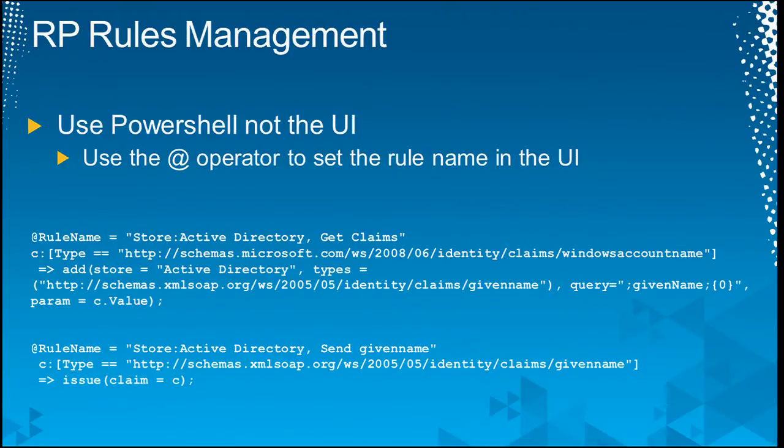If you create a claims transformation rule within the UI, I think the first screen you get, might be the second screen, the first screen you get is, give this a descriptive name. Transform group to role, whatever. And that's kind of the first thing you get. If you create a rule in PowerShell using the minimum required attributes of the PowerShell commandlet, the name of the rule, when you go to look at it again in the UI, is blank.